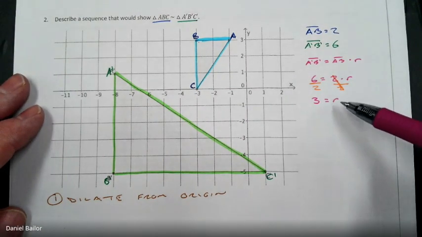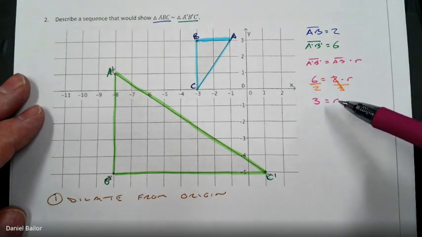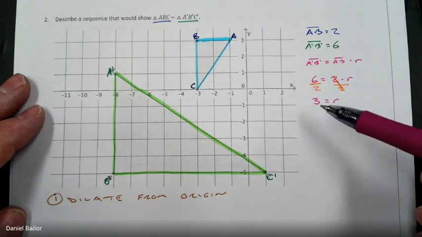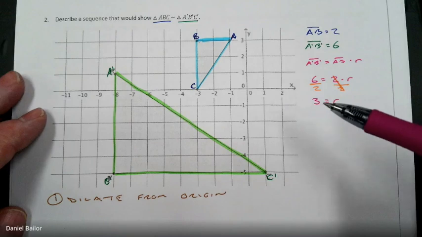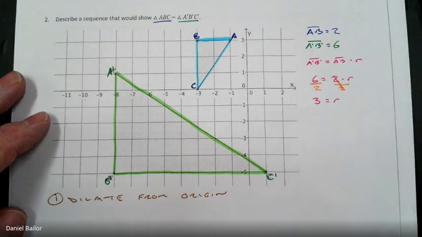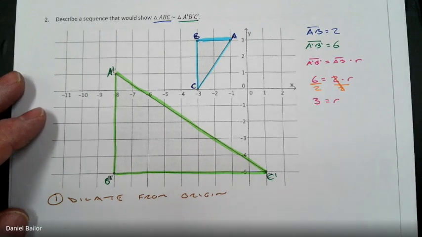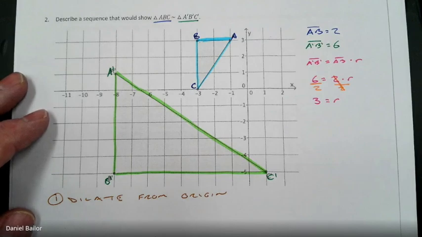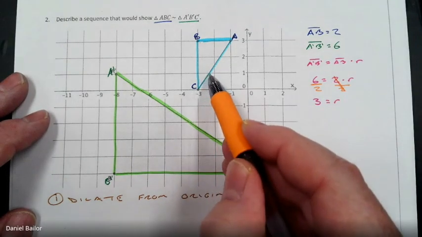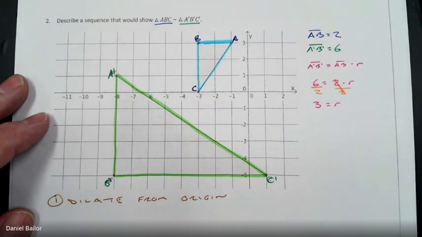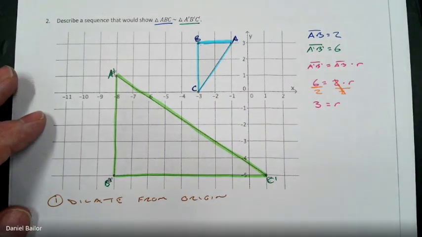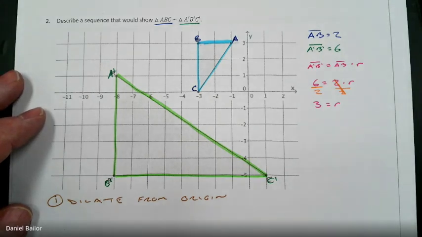So we're going to use the scale factor 3 to make the size match. So let's do that. Let's take the blue and make it bigger. Now you're going to see right here that the graph they give us is not big enough to do this. But we can do the coordinates. We can use the coordinates.